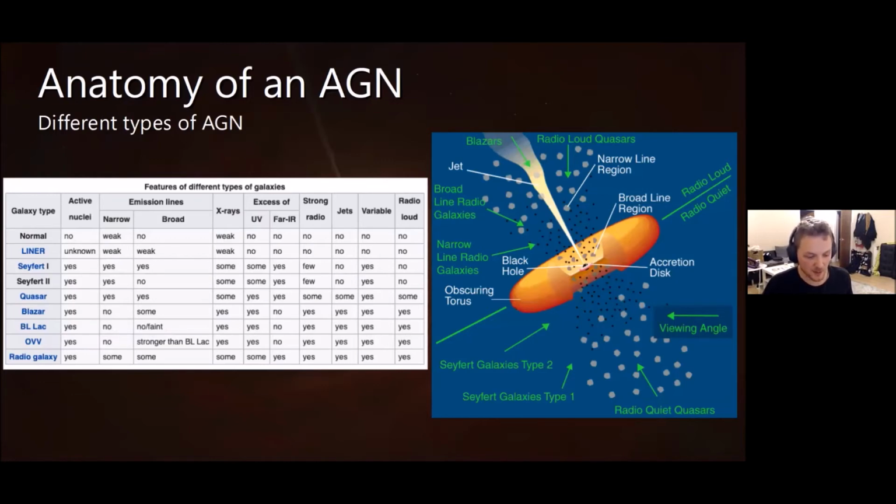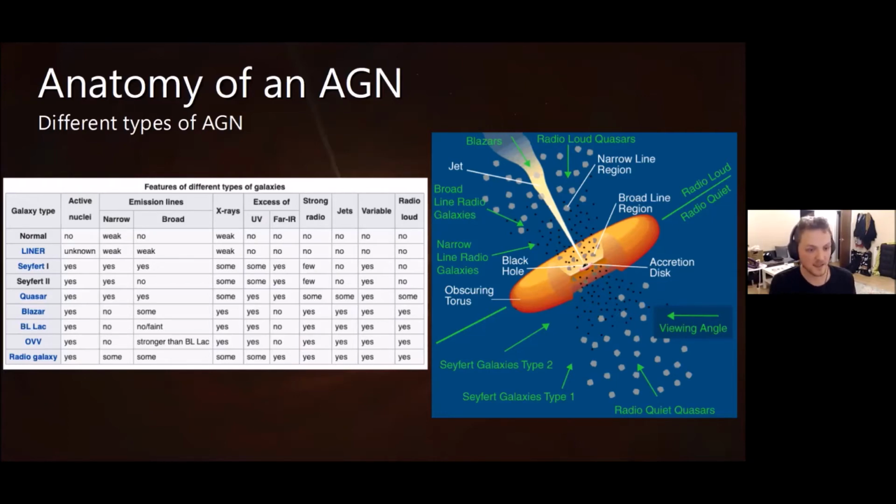What they didn't know back in the 1940s and 1960s is that the broad emission line spiral galaxies that Seyfert looked at and quasars are actually the same thing. They didn't know it back then. It's something that only recently, in the 80s and 90s, really got unified in a nice way. And the unification of AGN is basically that the difference between an AGN and a quasar is just the power output.